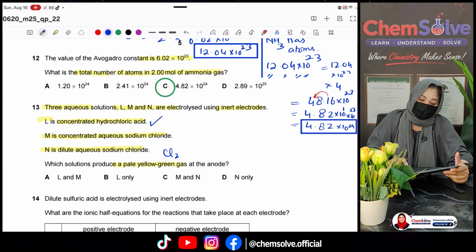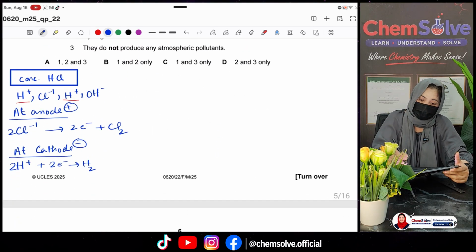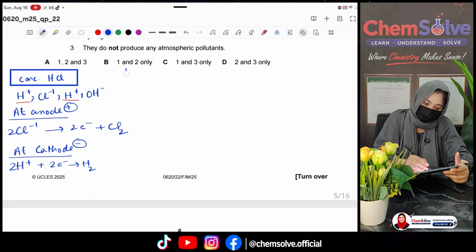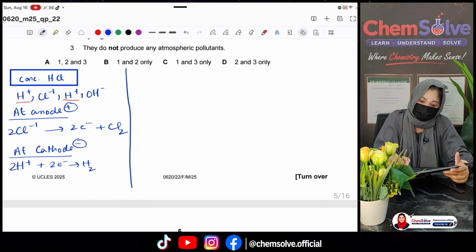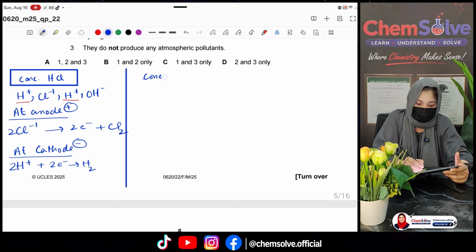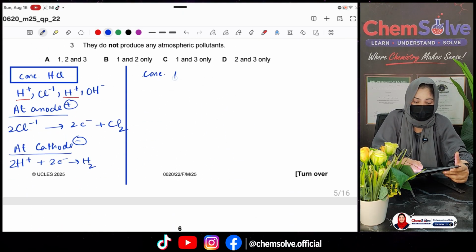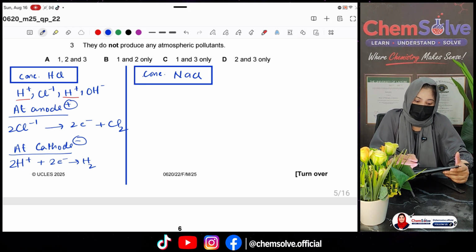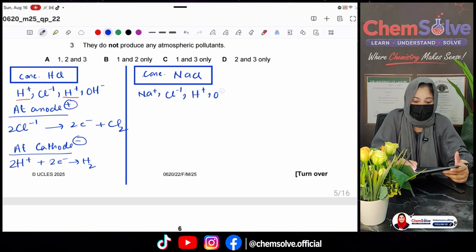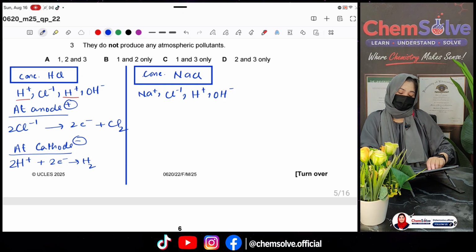Next, M is concentrated aqueous sodium chloride. So concentrated sodium chloride would have Na+ ion from sodium chloride, Cl− ion, and from water it would have H+ ion and OH− ion.